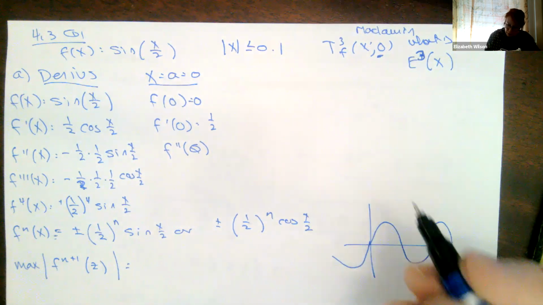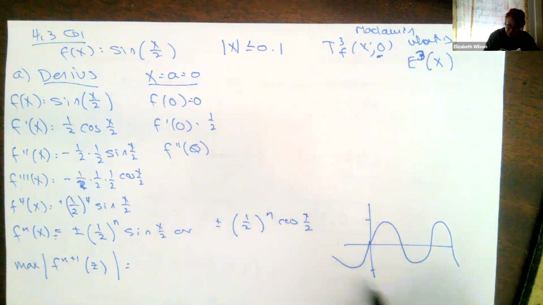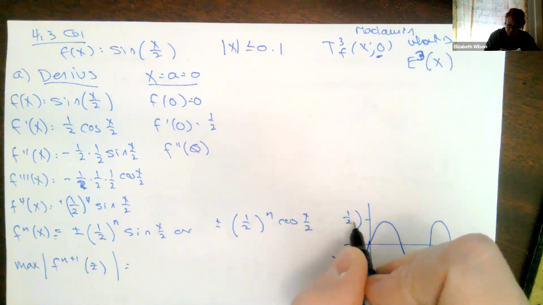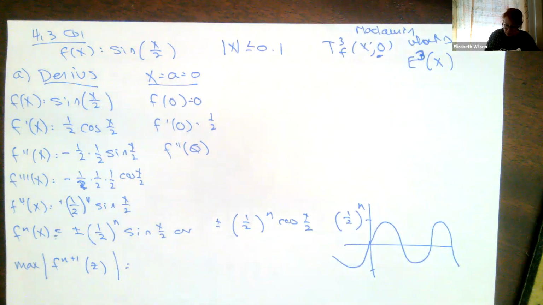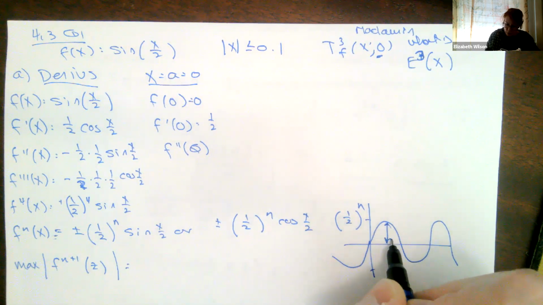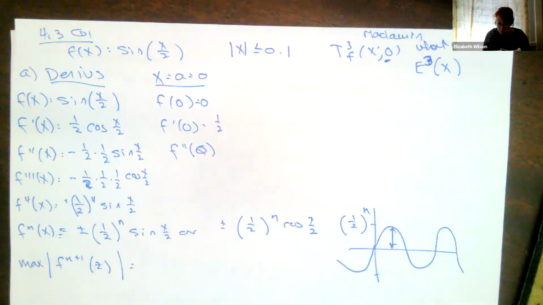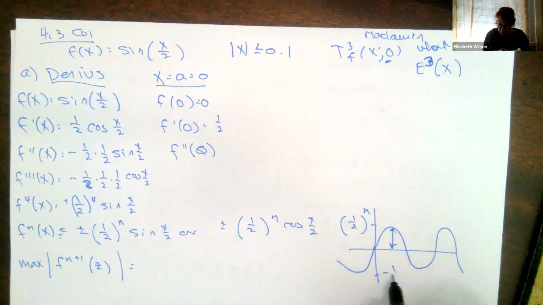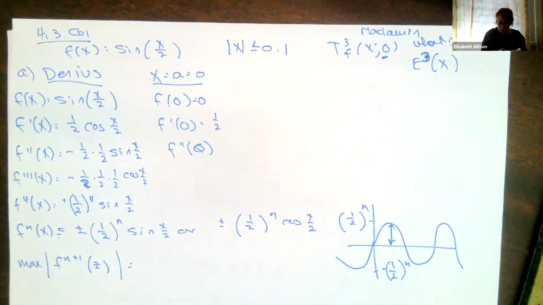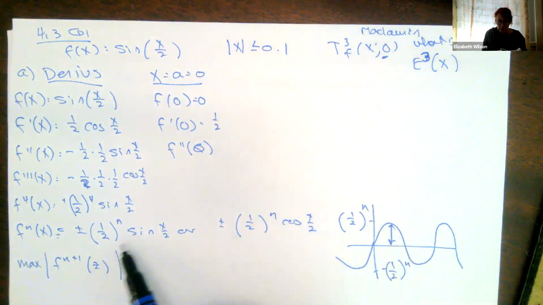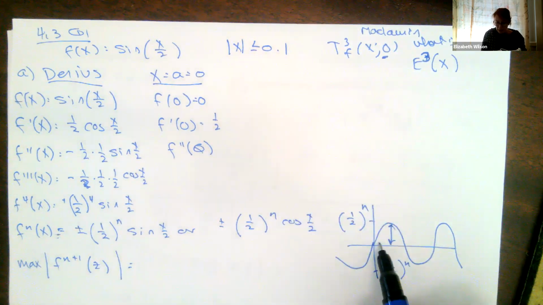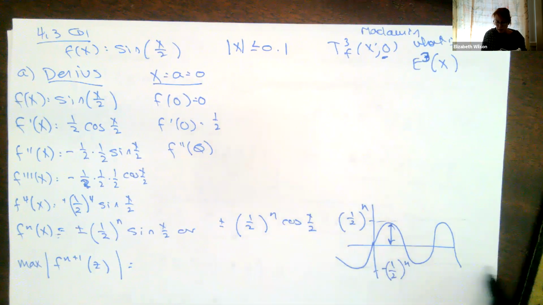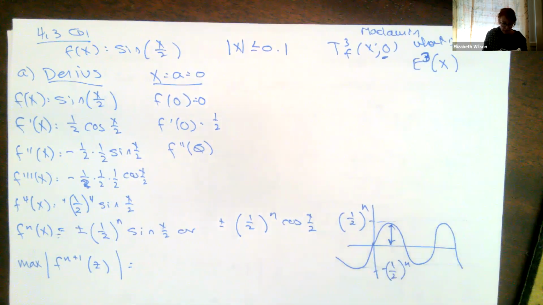Depending on what derivative I'm at, my amplitude is 1/2 to the n. This is positive 1/2 to the n, this is negative 1/2 to the n. So really, regardless of where my z is, along my whole function, I'm maxing out at 1/2 to the n.